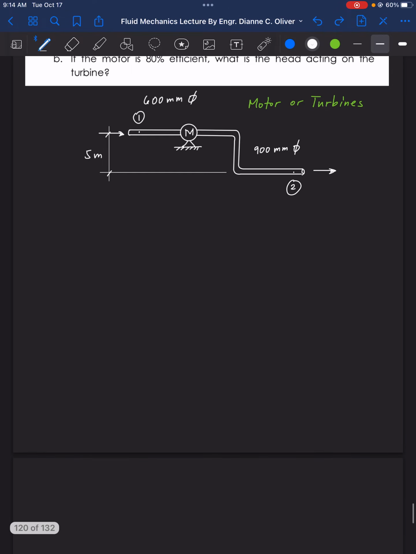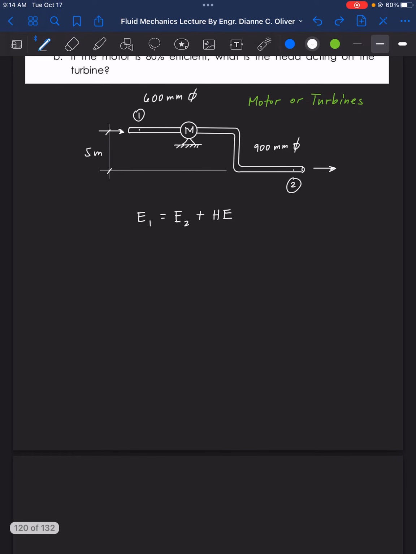So when we're dealing with motors or turbines, our equation is energy at 1 is equal to the energy at 2 plus the head extracted or the energy extracted, HE. So for E1, we have here the velocity head, V1 squared over 2g, plus the pressure head, P1 over gamma.